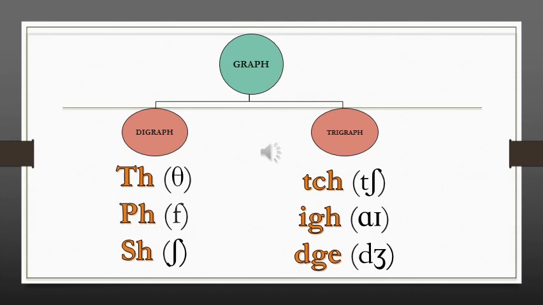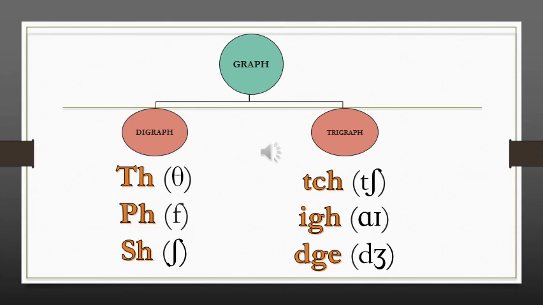The next one is I, G, and H. These three letters combine to form the vowel sound I, as in high, as in thigh. The next one is D, G, and E. These three letters combine to form the sound J, as in lodge, dodge, badge. So these are the trigraphs.